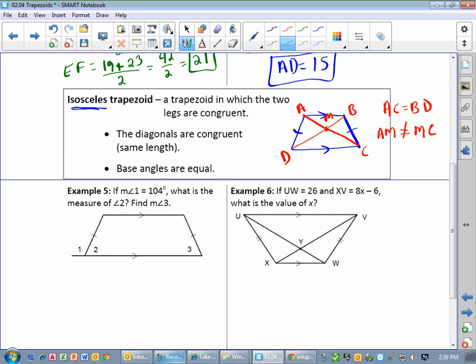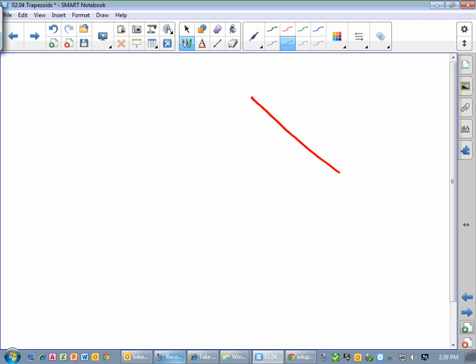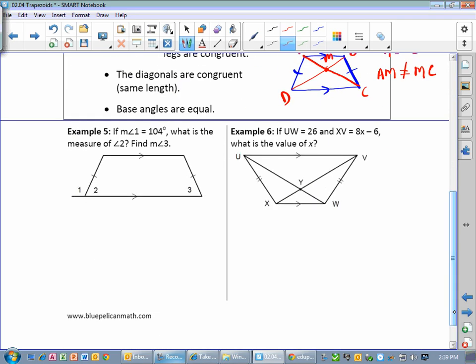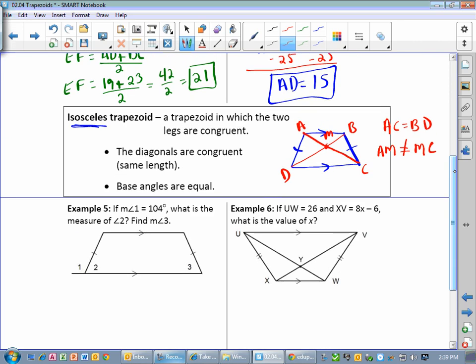If we remove the trapezoid part, just imagine there's a trapezoid around this. Does this from here to here look the same as from here to here? No, that's why. They don't look the same. So I can put a point of intersection anywhere. It doesn't mean that they're cutting it exactly in half.